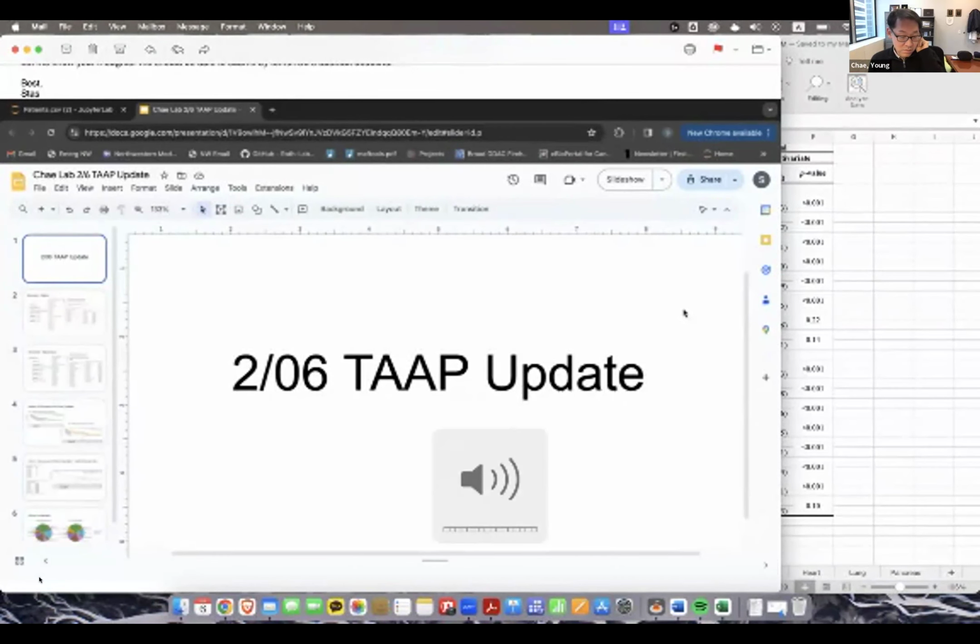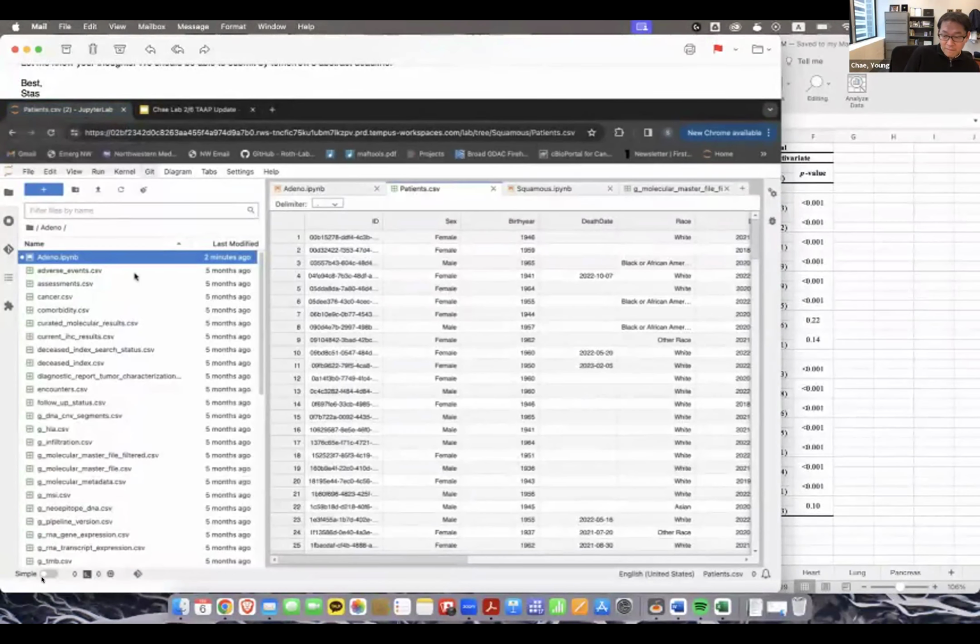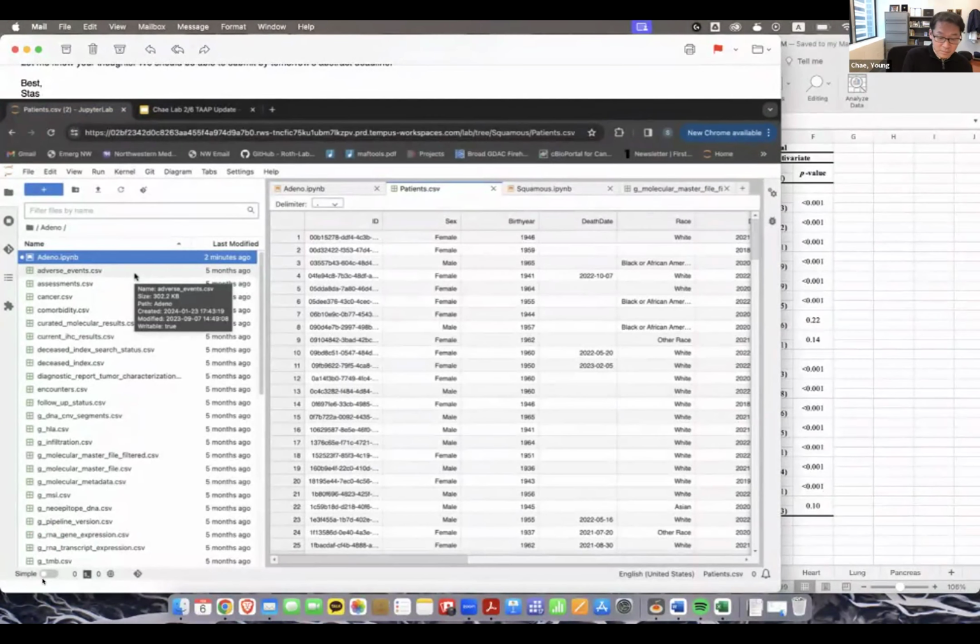I'm on an inpatient medicine rotation that keeps me very busy, so I wanted to give an update on TAP. First thing I wanted to go over is to show you how the files in the Lens or Tempest workspace are organized.